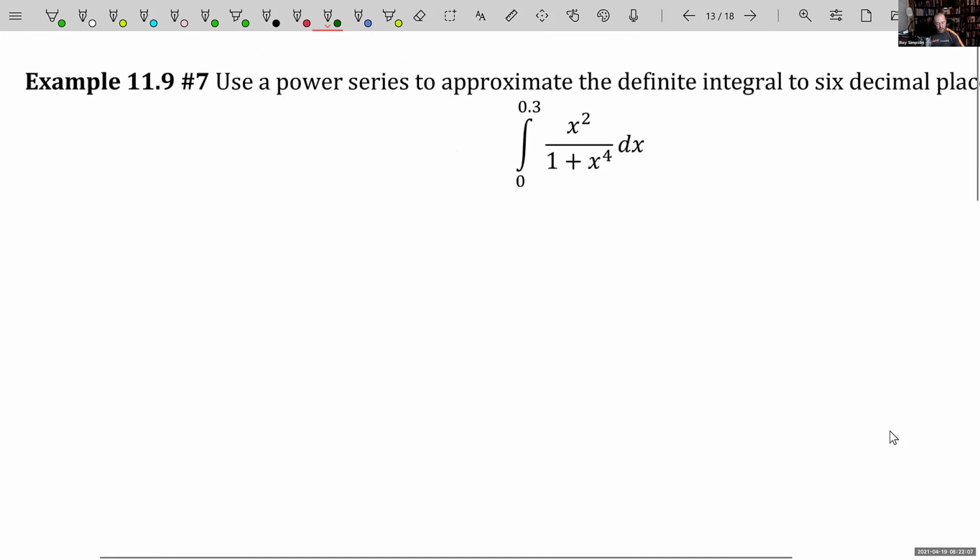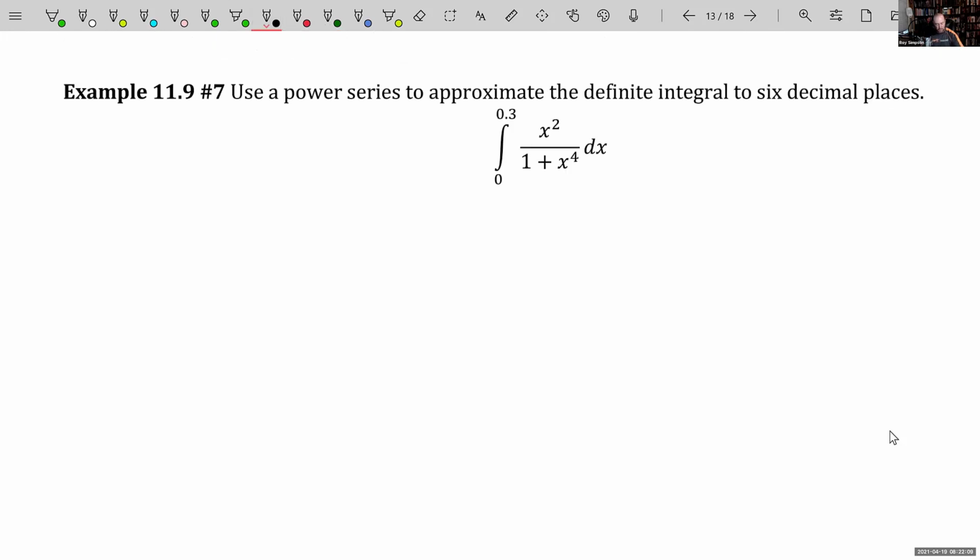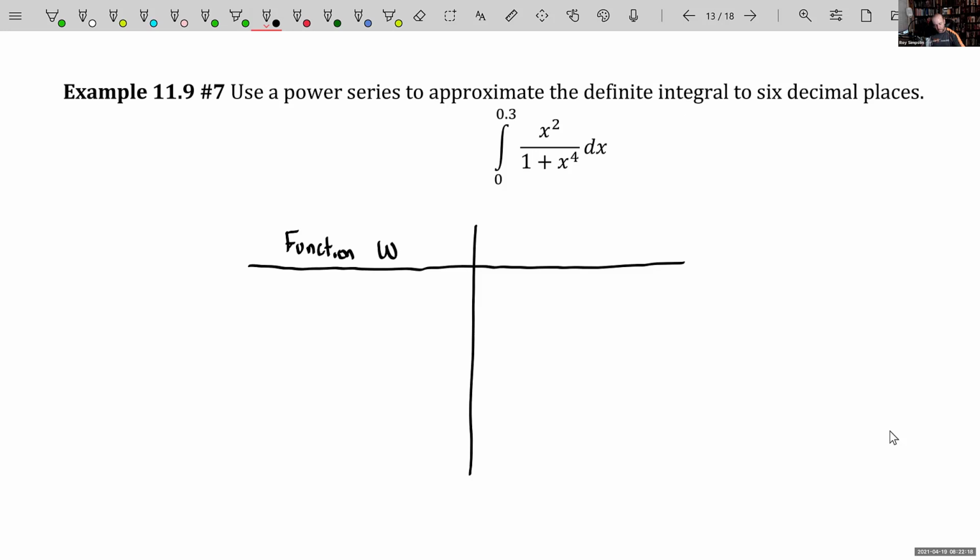So I'll start with my little table that I've been creating now. So I think that's kind of neat. So here's our function world in our power series world.